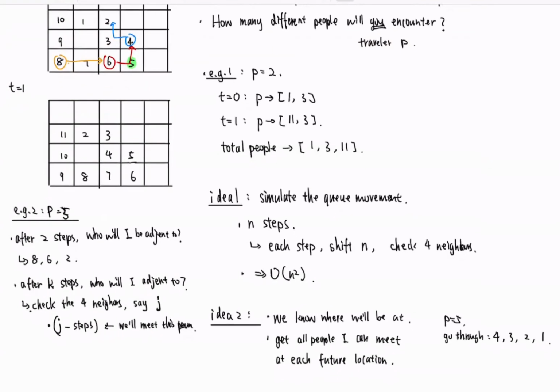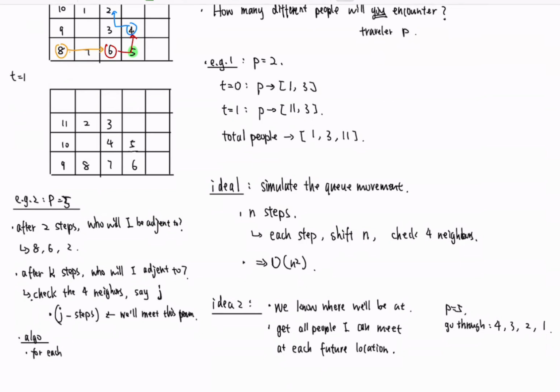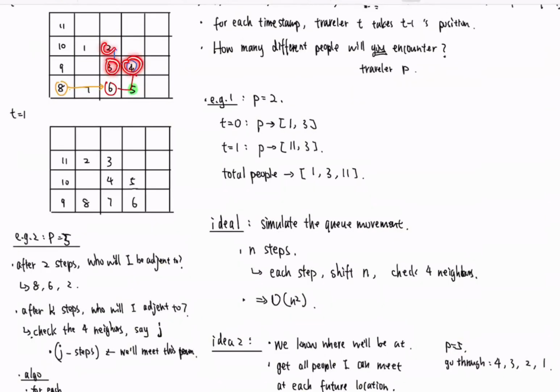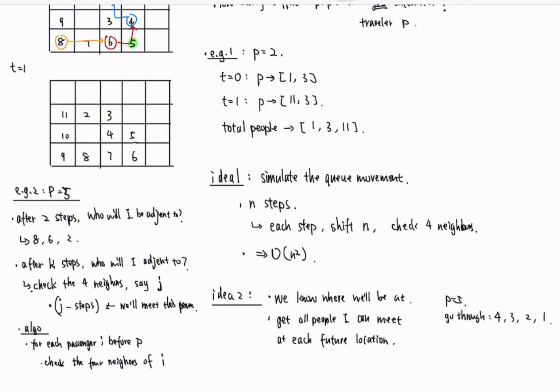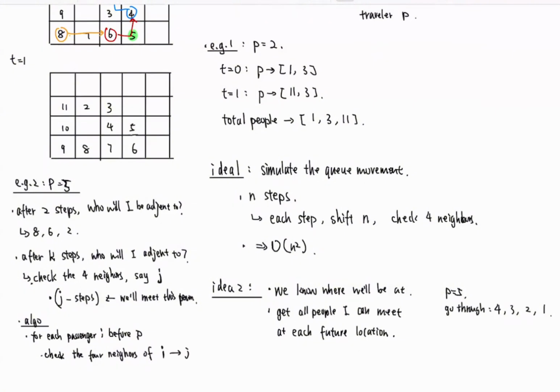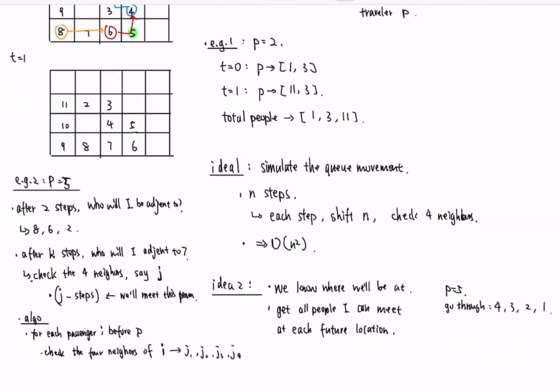So the algorithm is: for each of the passengers before me, so 5, 4, 3, 2, 1, we only need to check those cells. For each I before P, we should check the 4 neighbors of passenger I. Say they are J1, J2, J3, and J4. Then who will we meet?